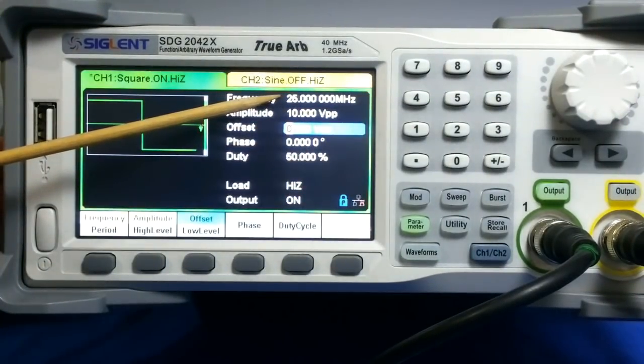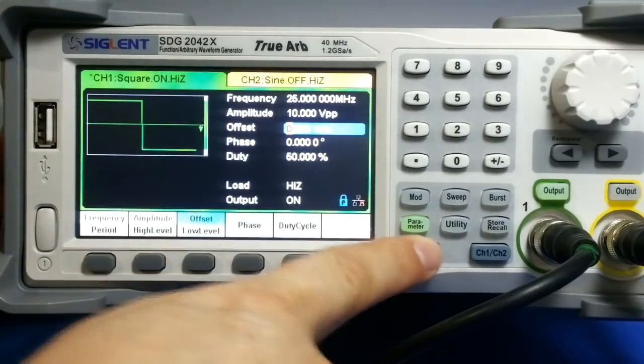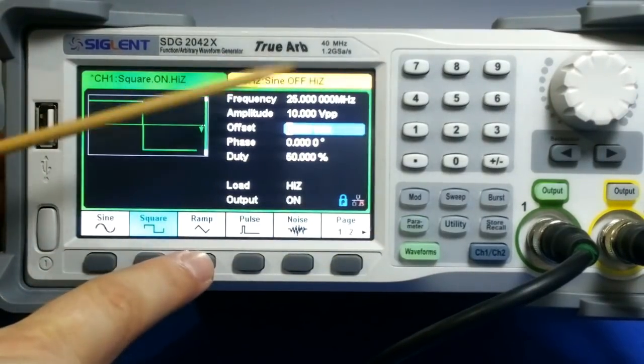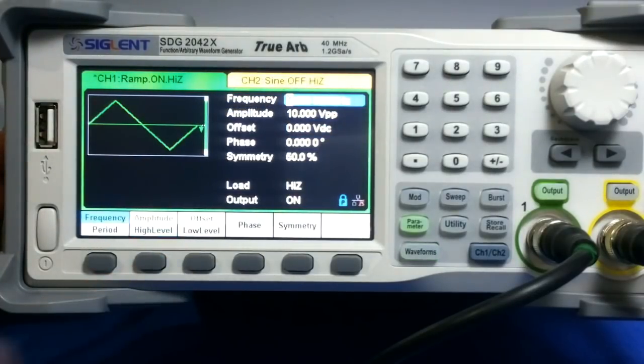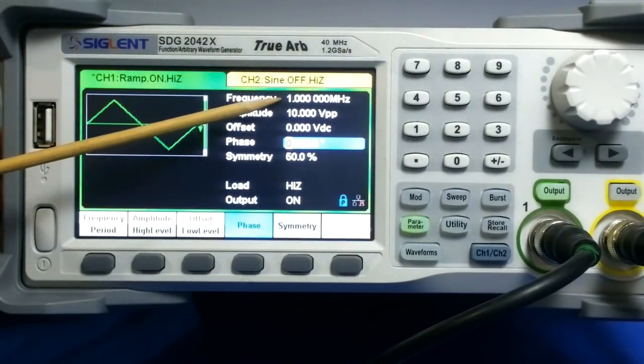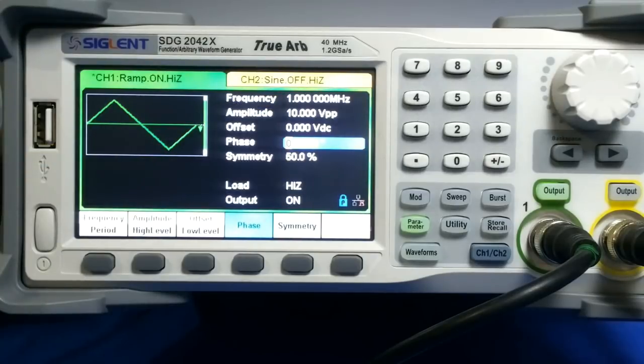Now it's 25 megahertz square wave. Now it's only 1 megahertz ramp or triangle wave. Why is it dropping so much? Is it okay? The answer is right here.